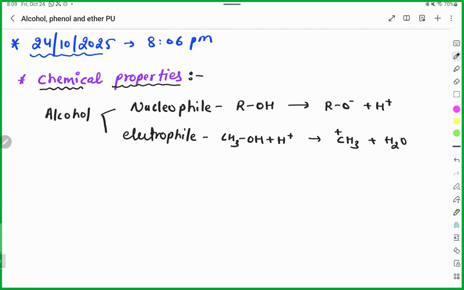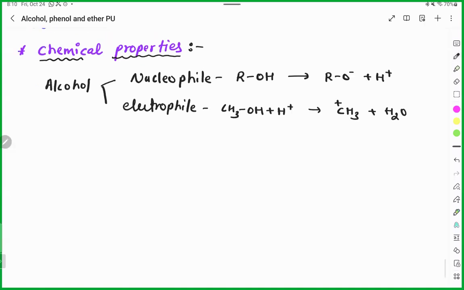Now this can react with any other molecule and form the product. What we are trying to see is the carbon and oxygen bond is breaking and now it is an electrophile. So it all depends which bond is broken, whether it is oxygen or hydrogen. If hydrogen is released, nucleophile. If complete H2O is removed, then electrophile. Any doubts in me? No, sir. Understood.